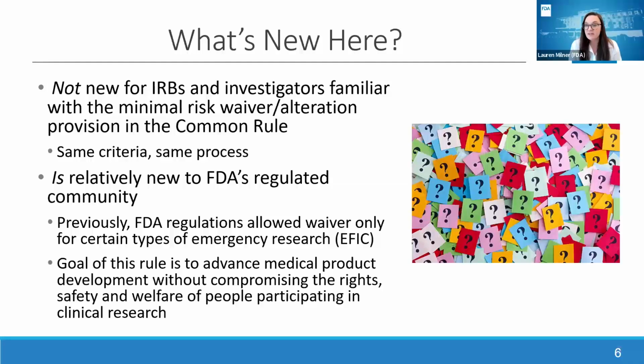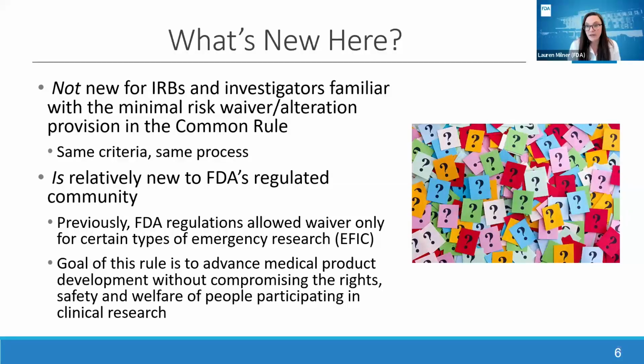As I said previously, before the Cures Act was passed, FDA regulations only allowed a waiver for certain types of research, probably the most well-known being emergency research, but we were not able to waive or alter consent for minimal risk. I say relatively, not entirely, because obviously there's going to be overlap and some investigations are going to be subject to both sets of regulations. And so those in the research community might very well be familiar with these as they relate to the Common Rule.